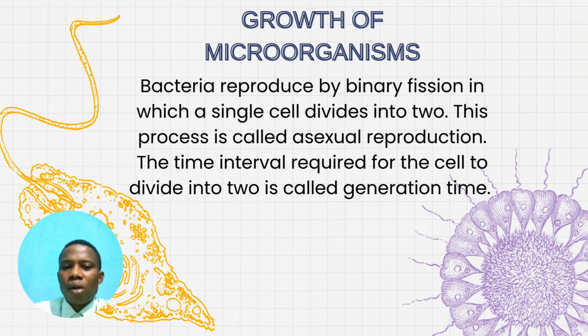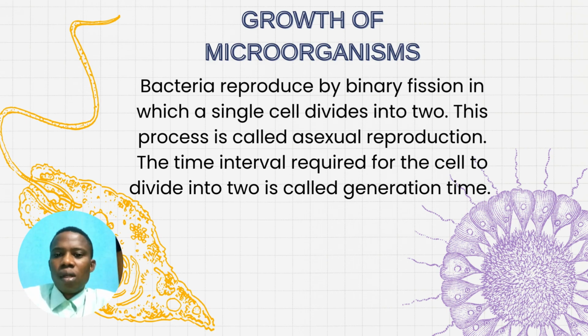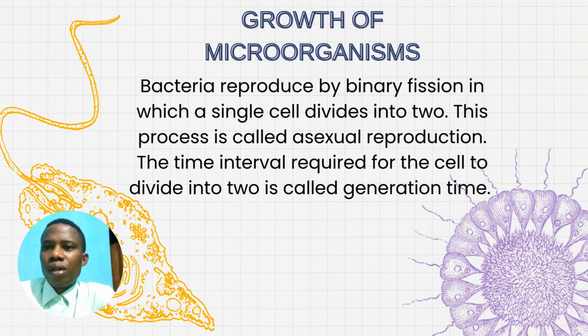The time interval required for the cell to divide into two is called generational time, and the time varies from one generation to the other. It strongly depends upon nutrient availability, temperature, gaseous requirements, and pH.